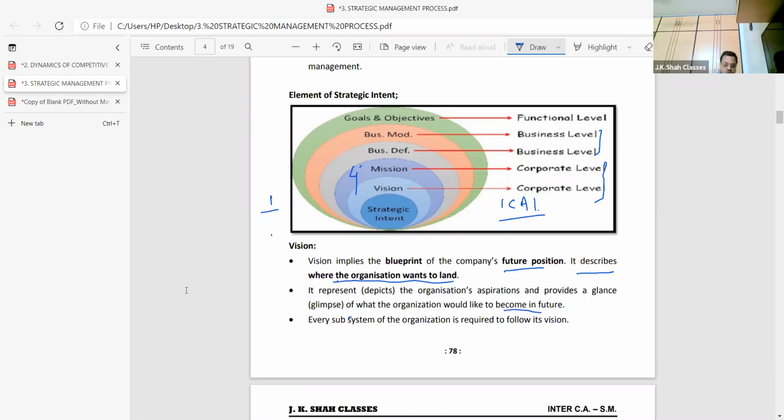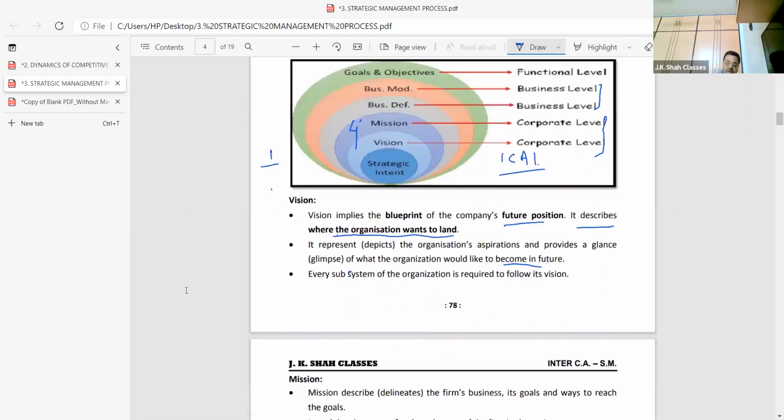So, vision depicts the organization's aspirations and provides a glance of what the organization would like to become in future. Every subsystem of the organization is required to follow its vision. That's very important. Every subsystem required to follow its vision means what? If ICAI says we want to become a world-leading accounting body and regulator, and they're imparting this education of CA, then ICAI alone is not supposed to say that.